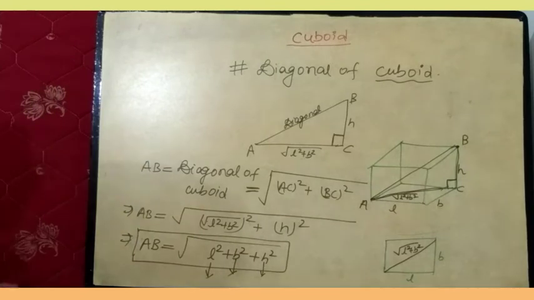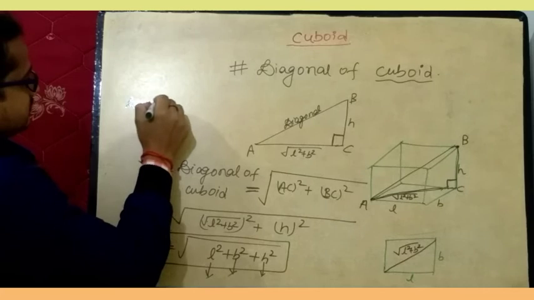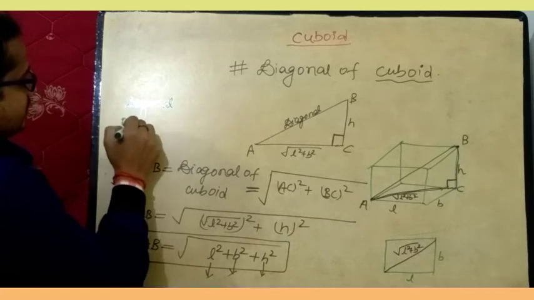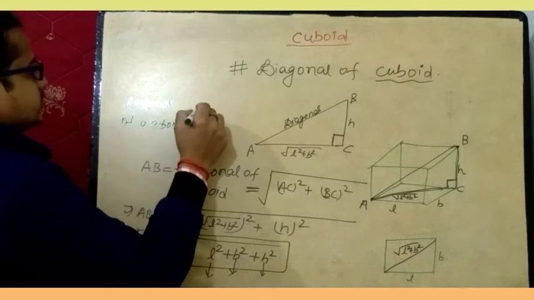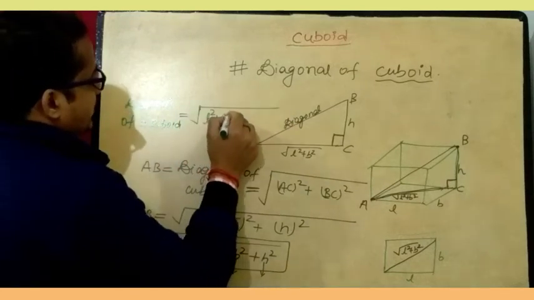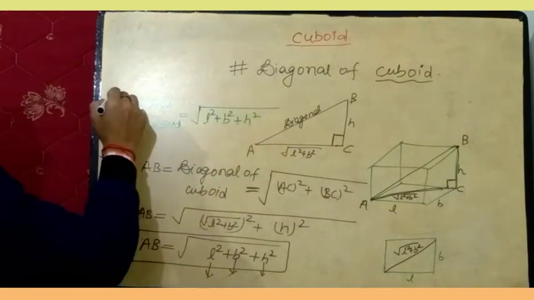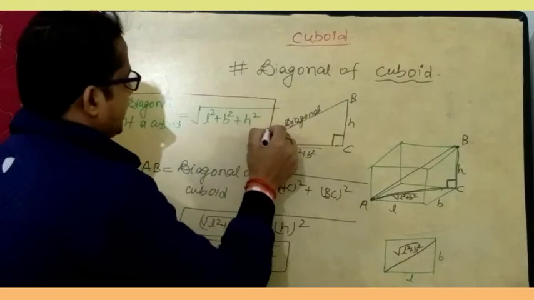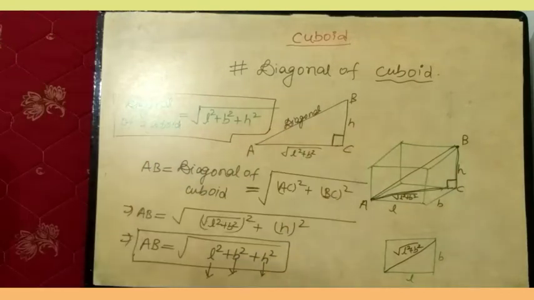In a simple way we can say that the diagonal of a cuboid equals root over L square add up B square add up H square. By using this formula we can calculate the diagonal of a cuboid.